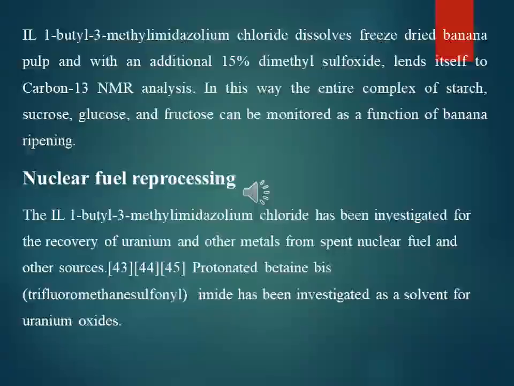The ionic liquid 1-butyl-3-methylimidazolium chloride dissolves freeze-dried banana pulp and, with an additional 15% dimethyl sulfoxide, lends itself to carbon-13 NMR analysis. In this way, the entire complex of starch, sucrose, glucose, and fructose can be monitored as a function of banana ripening.